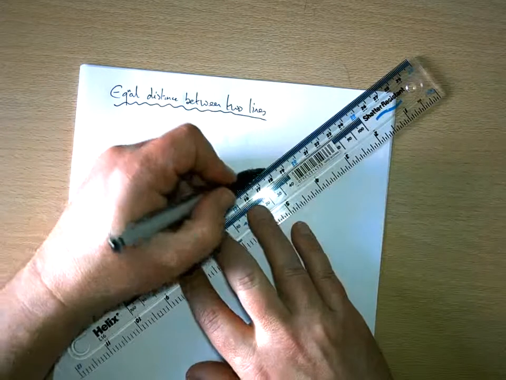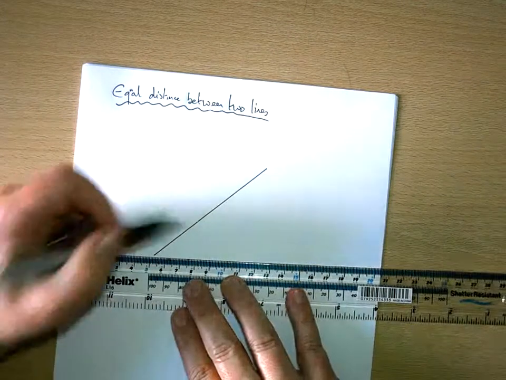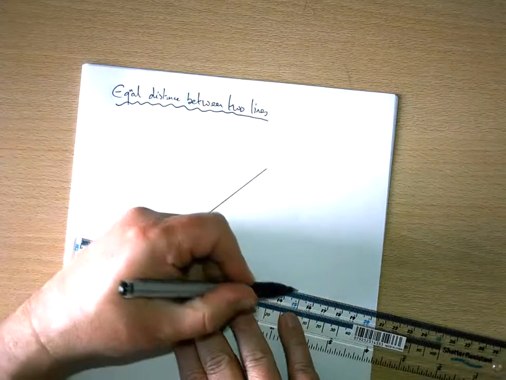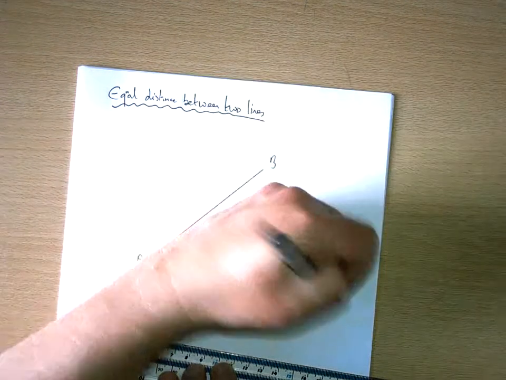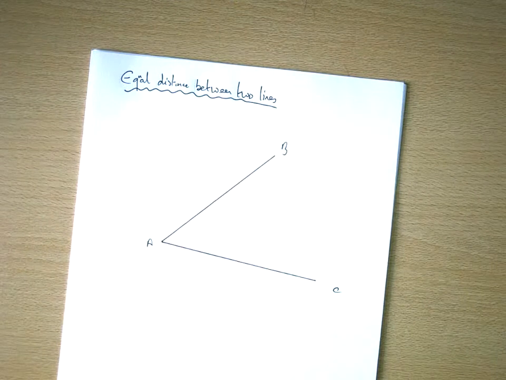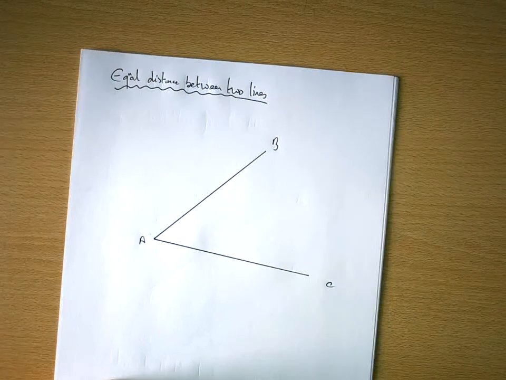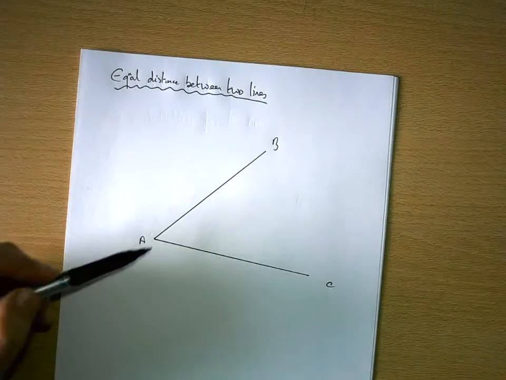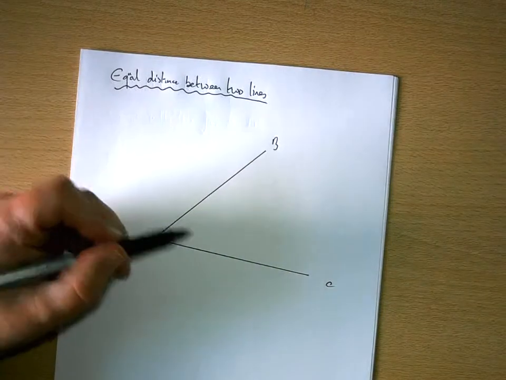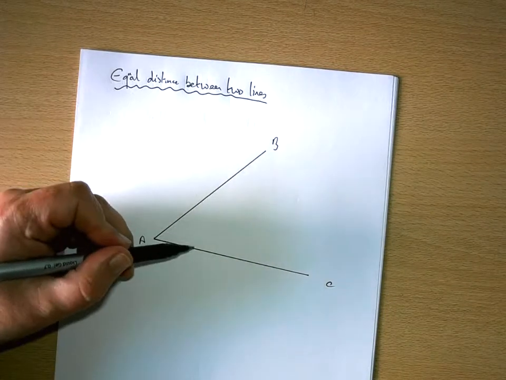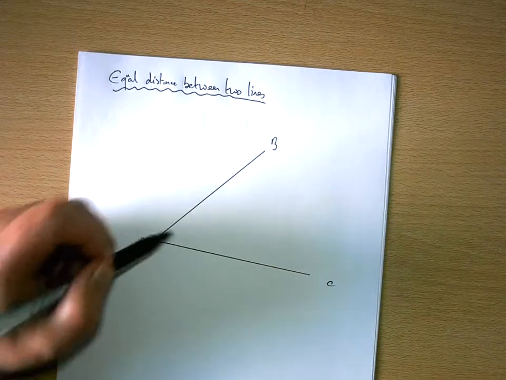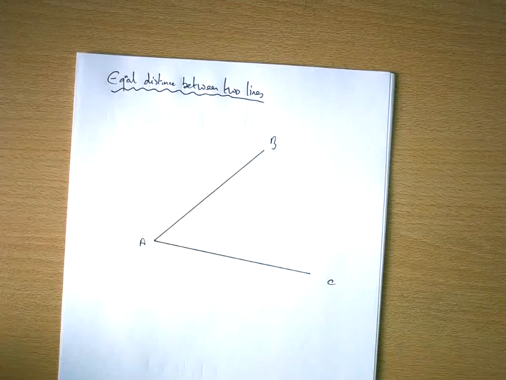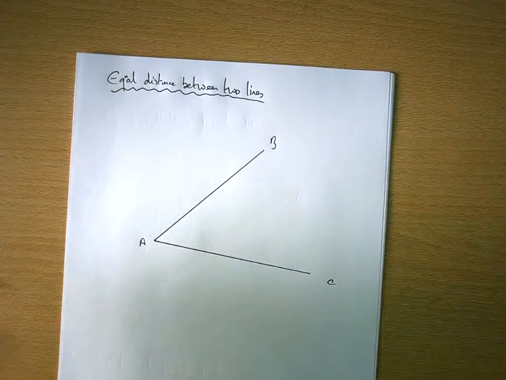So if we've got 2 lines, AB and AC, and we want to find the region, or the path, which is an equal distance between the 2 lines, what we have to do is cut this angle in half. Now you can do it by measuring, but again there is a construction that you are expected to know, and again it's not a difficult one to remember.